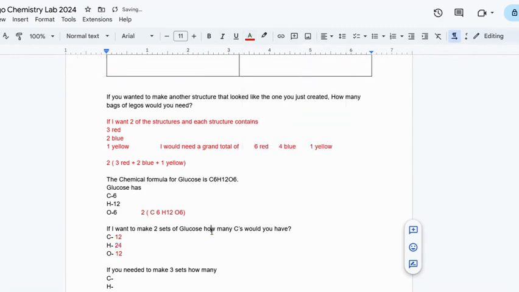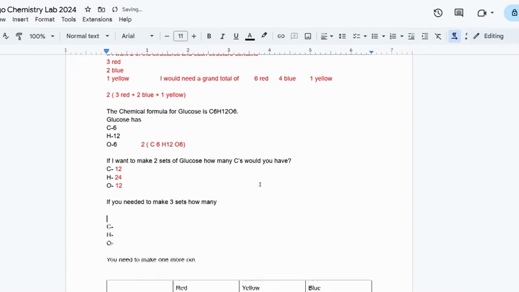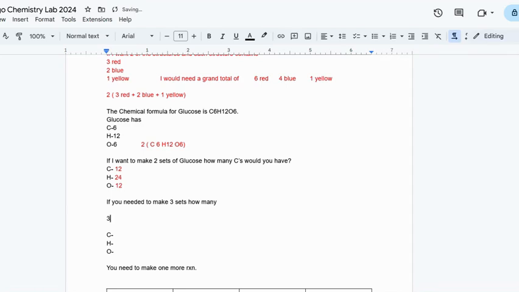I'm thinking I can see a pattern start to set in. If you needed to make 3 sets, how many? Well, let's just do our math problem. 3 times our formula, C6H12O6.